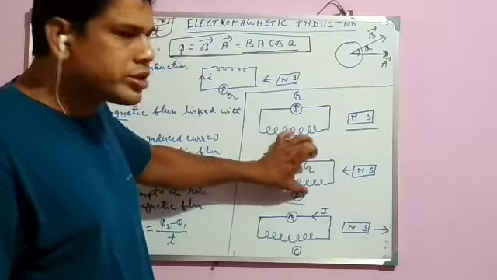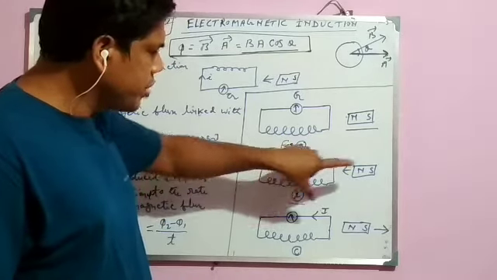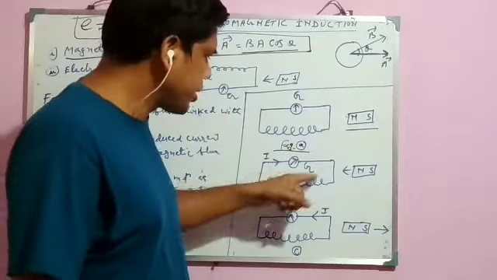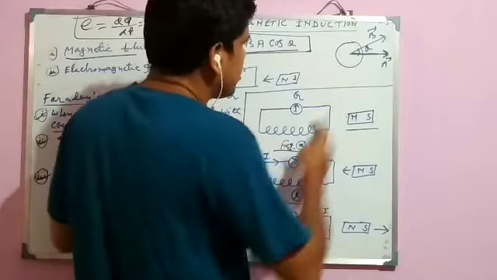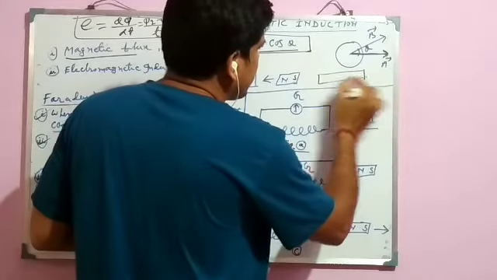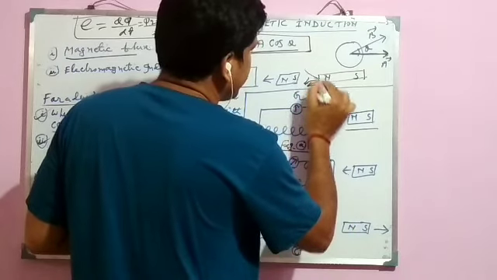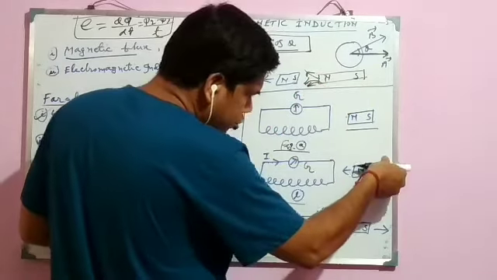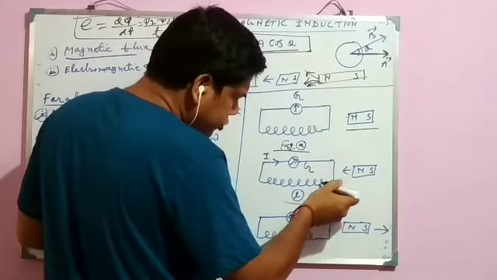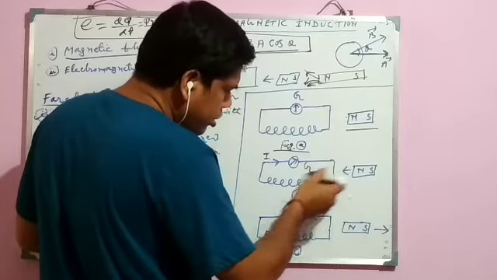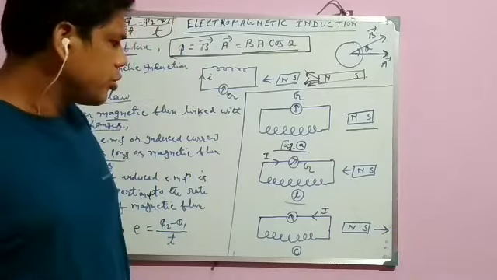This current is called induced current, and the EMF produced due to this movement is called induced EMF. What happened? This is the bar magnet, north pole and south pole, with magnetic lines of force. Whenever we move the magnet, the magnetic lines of force linked with the coil change, so an induced current is produced.